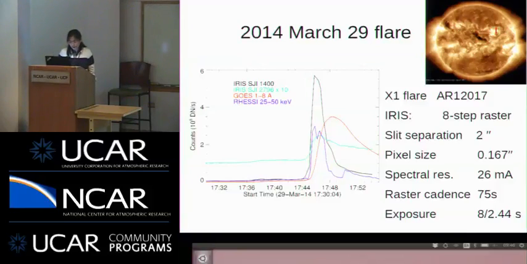This slide shows the light curves of the flare in soft X-ray, hard X-ray, and also from the IRIS slit-jaw images in 1400 and in magnesium. IRIS has 8-step rasters with a raster cadence of 75 seconds.